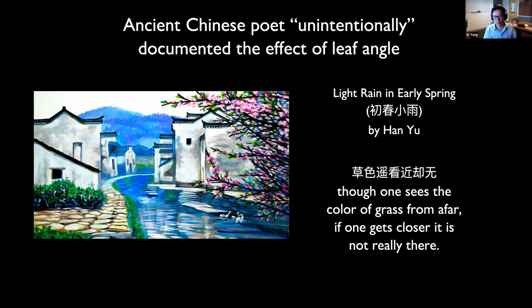In the poem, there's a line saying, though one sees the color of grass from afar, if one gets closer, it's not really there. This is basically a demonstration of the vertical leaf angles of grasses. You clearly see the green leaves from the side, but as you get closer, because of the vertical leaf angles, you see more soil background, so the grass field looks less green. And there's also an American way of saying this, which is: the grass is greener on the other side.